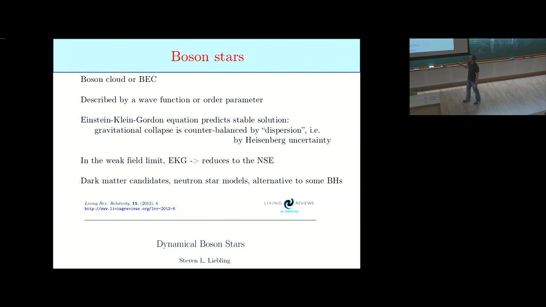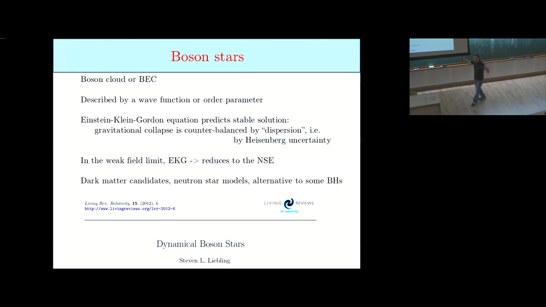So under the force of gravity, it means that it can form a star, some kind of spherical object, where the gravitational collapse is counterbalanced. The word you'll find in literature is dispersion, which confused me for a while, but essentially it's just a terminology thing. It's the Heisenberg uncertainty.